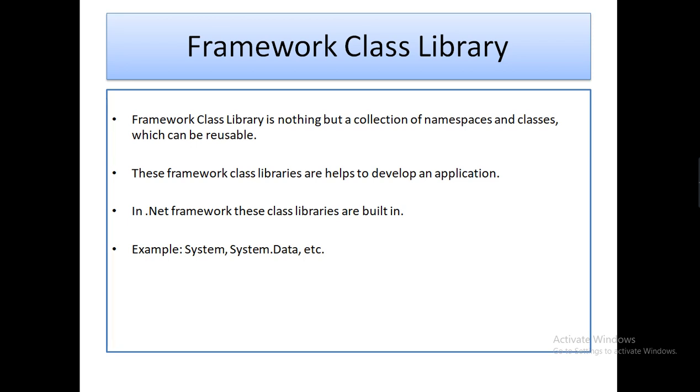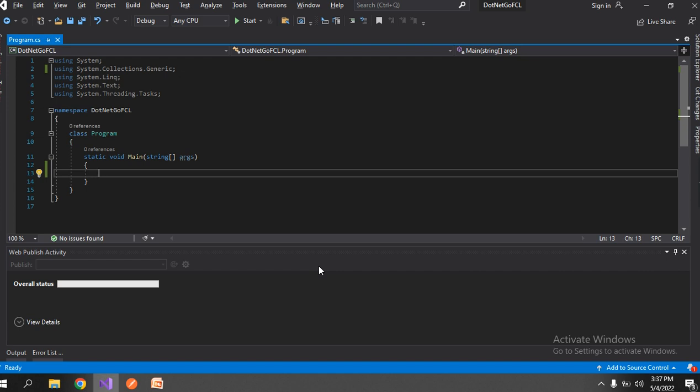For example, I have Visual Studio, and I have created one console application to make you understand visually, with a real-time example, which are the framework class libraries and where we can see them.